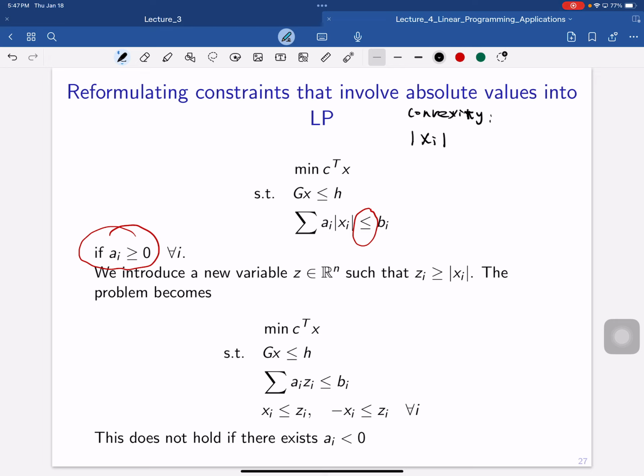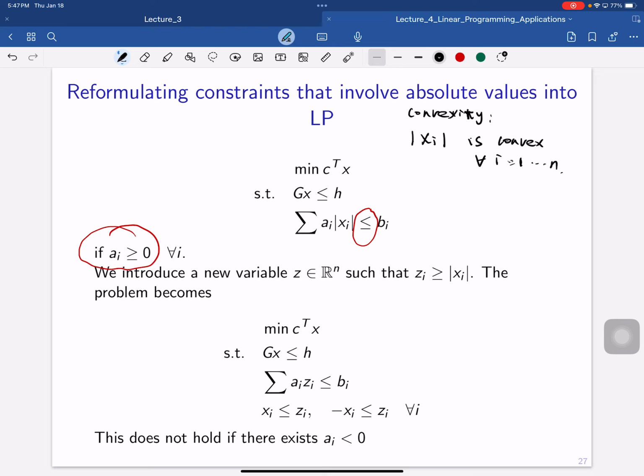It's very easy to see that, you can very easily prove that. It's like a one norm of a single variable. So the absolute value of x_i is convex for all i from 1 to n.